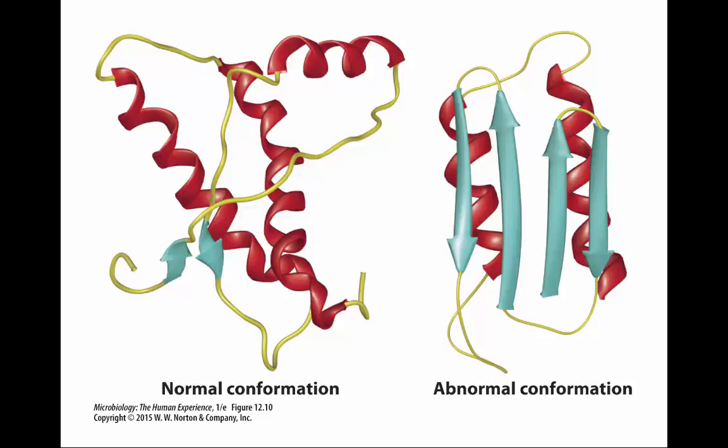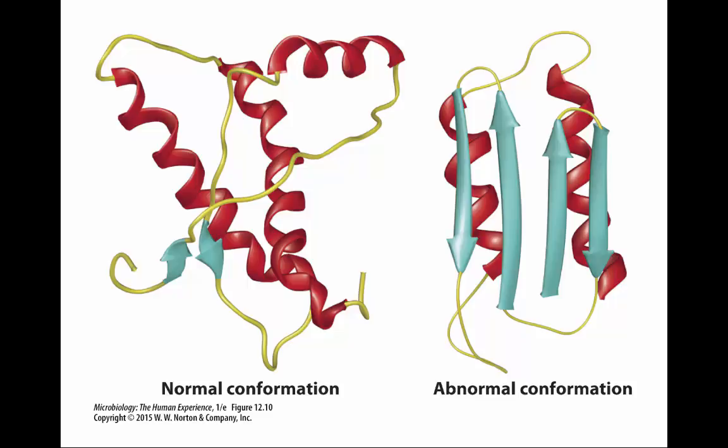But the outcomes of this are really important because this abnormal conformation is not functional in the cell. And so the cell keeps trying to make more of this prion protein. But as soon as it makes the normal form, the abnormal form makes it switch, changes its shape, and creates the abnormal form. So this broken, diseased prion protein keeps building up in the central nervous system and causes cell death.